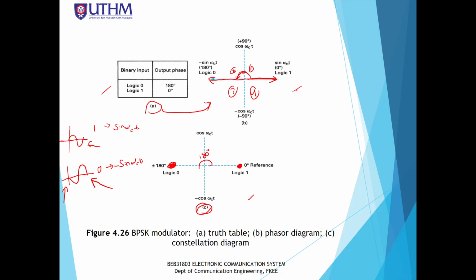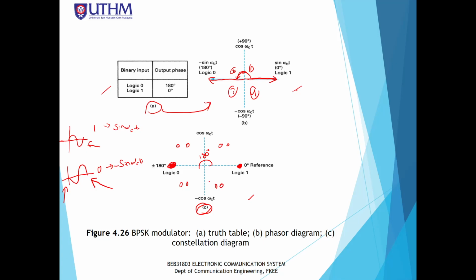Especially for the constellation, we want to see the distance between the two symbols. If the distance is further away, that means the interference among the symbols will be very small, and the error produced by the system will be smaller. If we go to high level modulations, which you will see later, we have many dots in each quadrant.